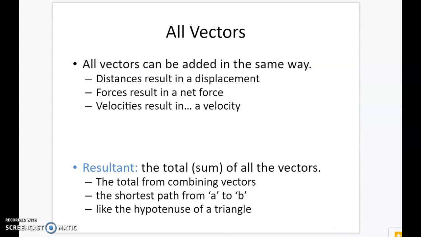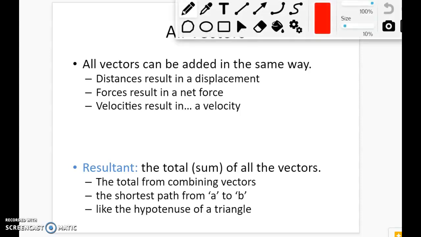Then, when we talk about vectors, all vectors can be added together in the same way that we've done our other vectors, where we added them tip to tail. And when we add things tip to tail, like add one vector to another, distances give us a displacement where we go from start to finish.